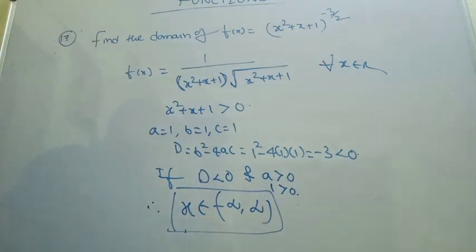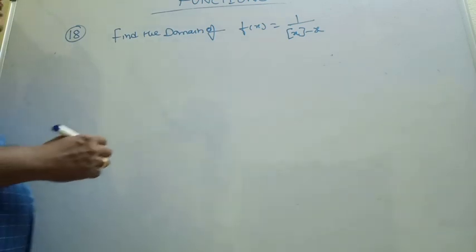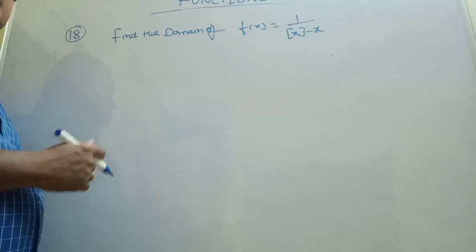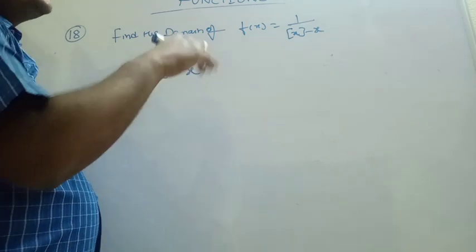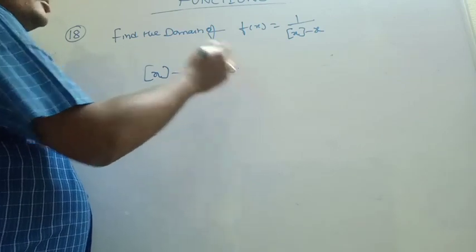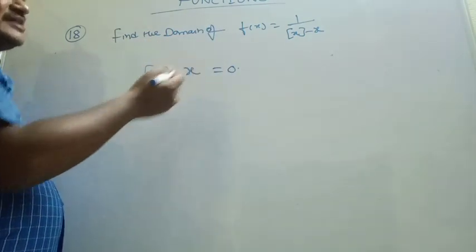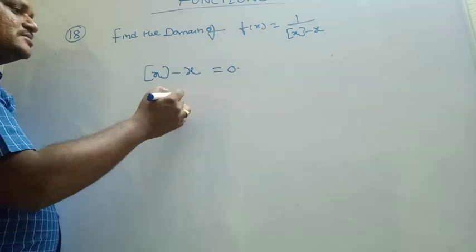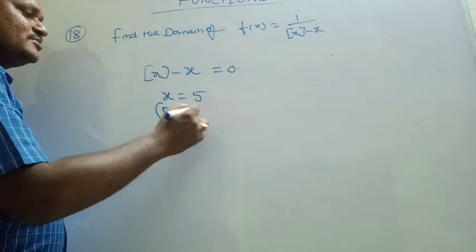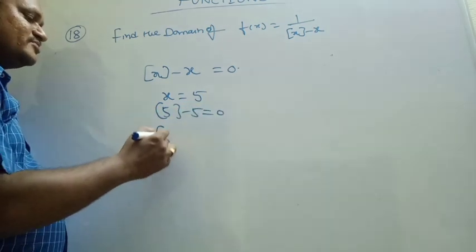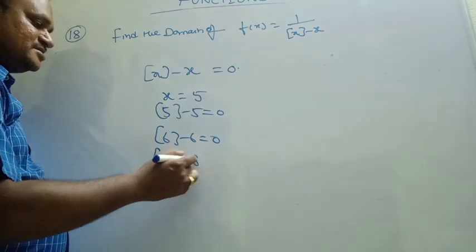Now see, we have here the 18th one: find the domain of f of x equal to 1 by step x minus x. This step x minus x should not be 0. Where it becomes 0, that we have to eliminate from the set of all real numbers. Step x minus x becomes 0 when x is an integer. Suppose you take x is 5. Step of 5 minus 5 becomes 0. Step of 6 minus 6 becomes 0. Step of 8 minus 8 becomes 0.